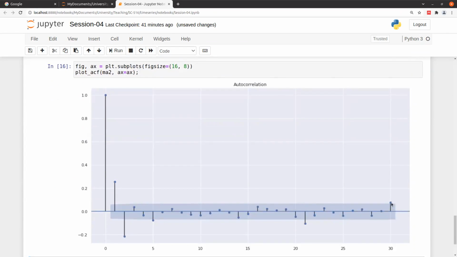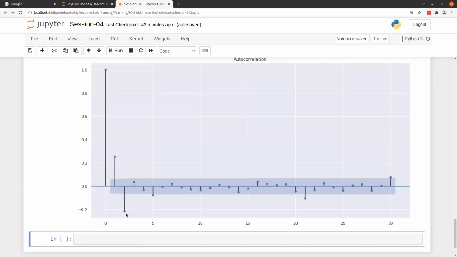Here, you can again see some places randomly, but we can omit them because they are very close to the confidence interval level. But these two are significantly outside the confidence interval level. Then here, you can play around with lag 1 and lag 2, but it is better to go with lag 2. Once you are making the MA process, then the Q variable should be 2, right? Likewise.